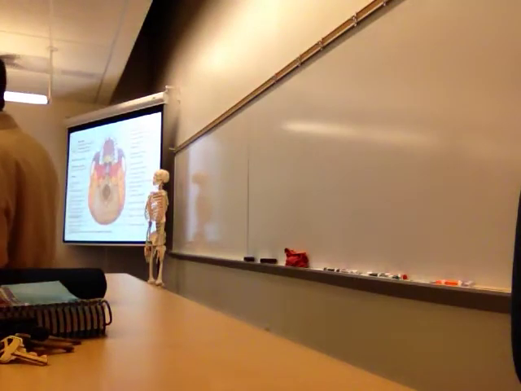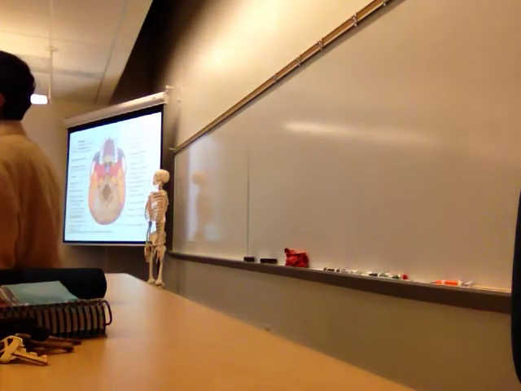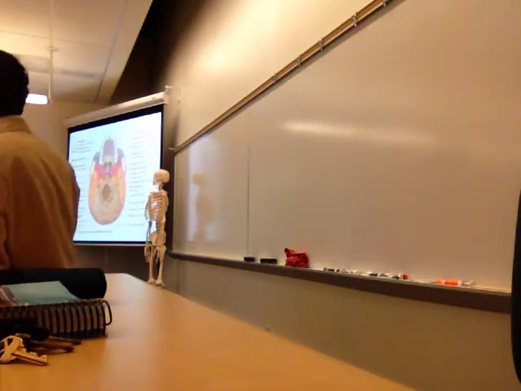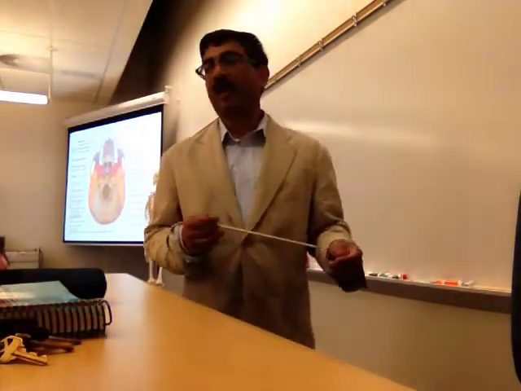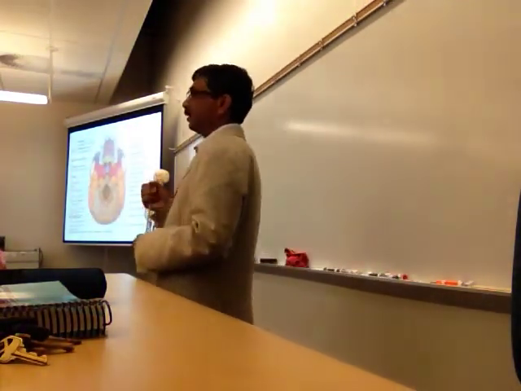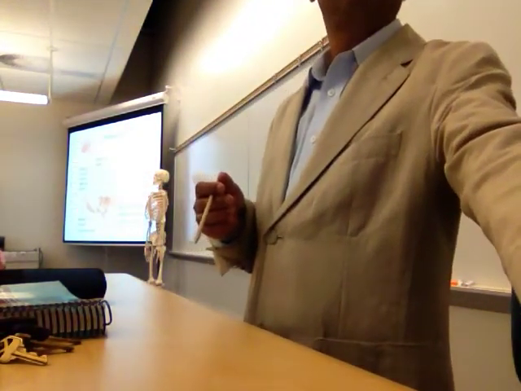You can see that largest foramen, very large, is called foramen magnum. Magnum indicates large, okay, magnum. And spinal cord gets out from the brain through the foramen magnum.